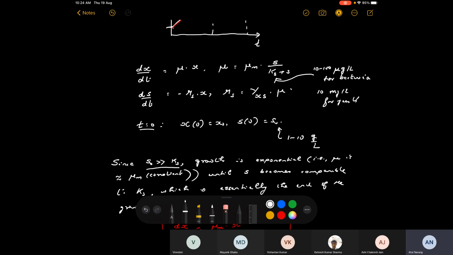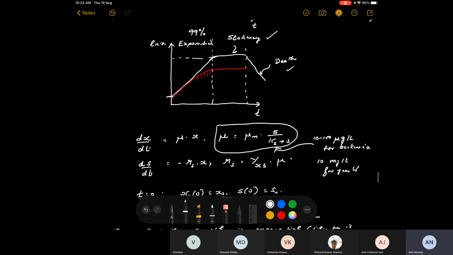If S0 was comparable to Ks right from the beginning, it would never hold on to the specific growth rate. This quantity would keep on changing, because right at the beginning S is on the order of Ks. So as S decreases, mu keeps on changing. If you plot the data on a semi-log plot, it'll be changing from the very beginning.